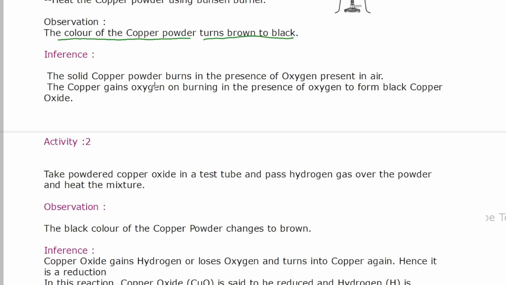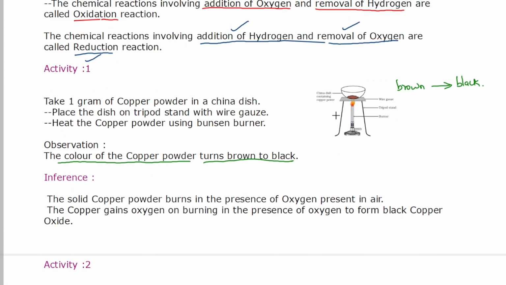The solid copper powder burns in the presence of oxygen present in air. The copper gains oxygen on burning to form black copper oxide. Why has the copper turned black in color? It is due to the oxidation reaction. This copper powder has reacted with the oxygen present in air to form copper oxide. That copper oxide is black in color, because of which it has turned black.